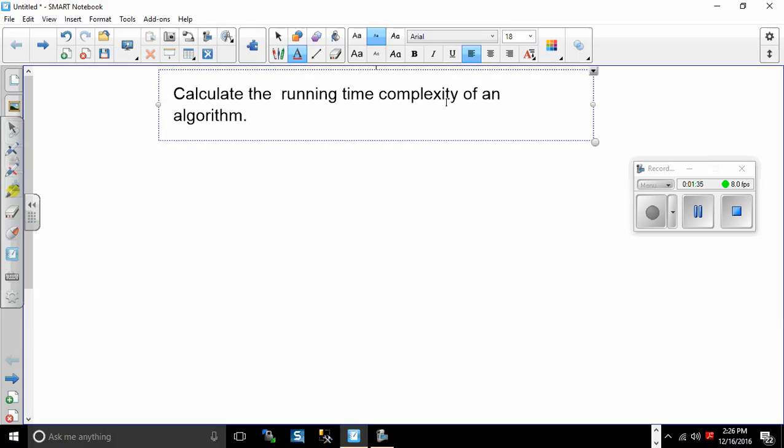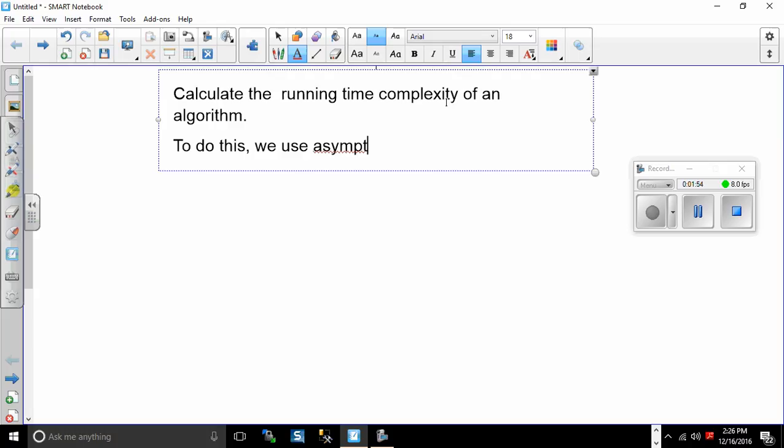Obviously, if you proceed to develop algorithms for a client, you want to give them the one algorithm that has the best possible runtime. So to do this, we use asymptotic notations.